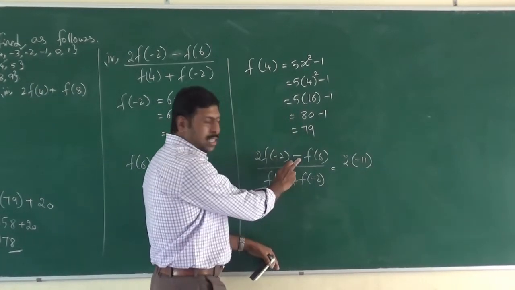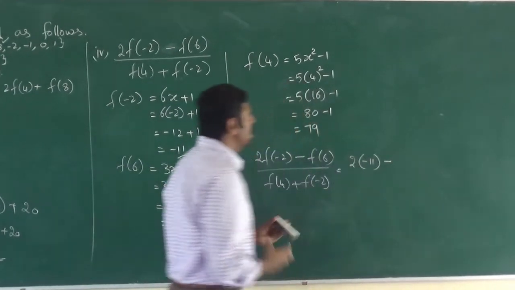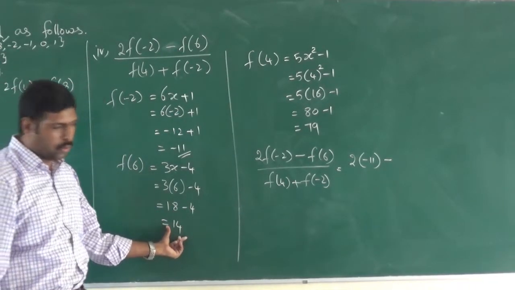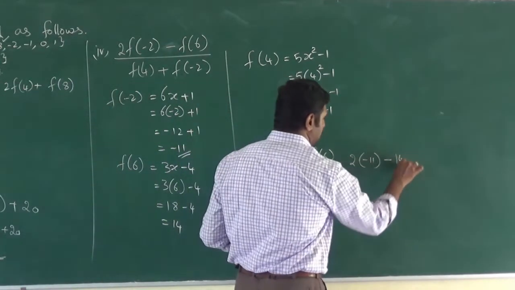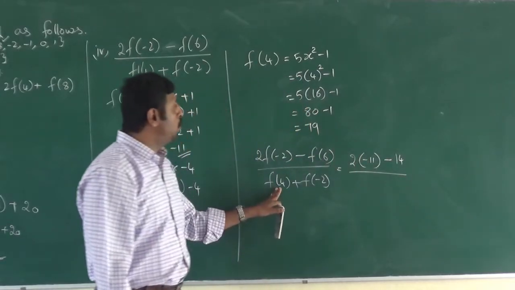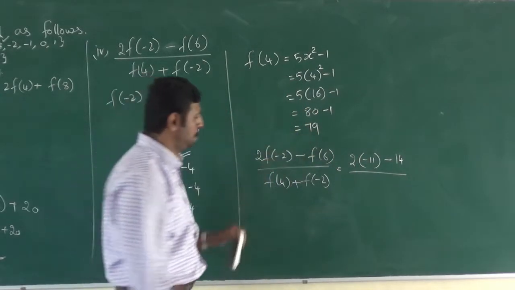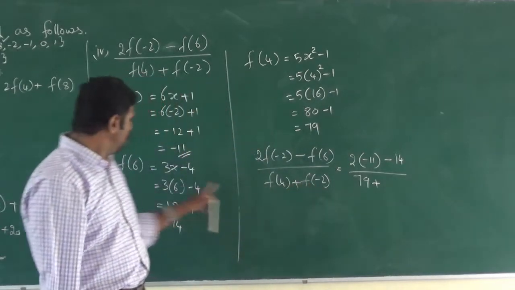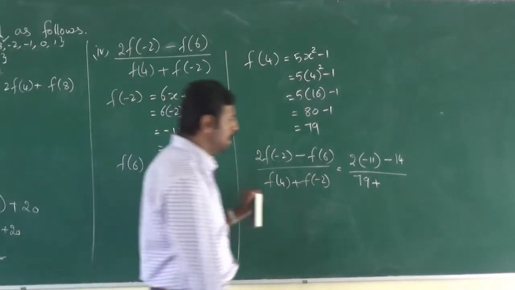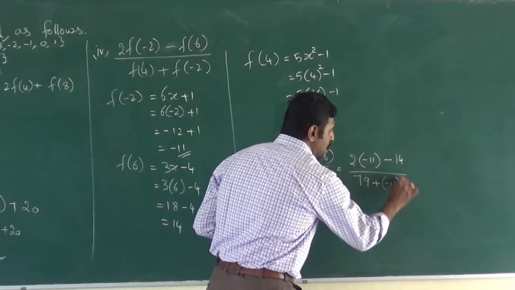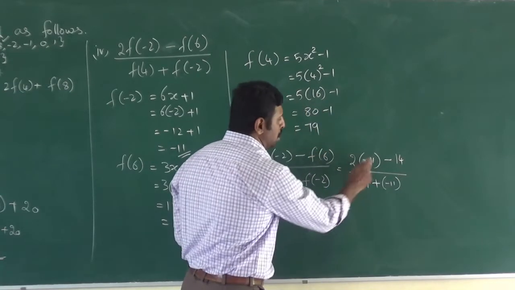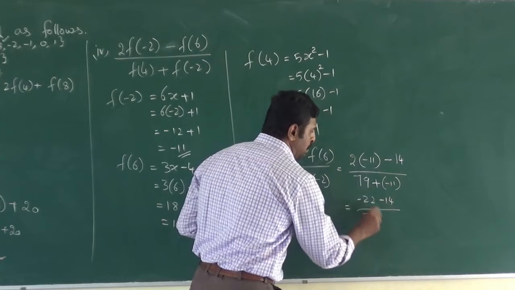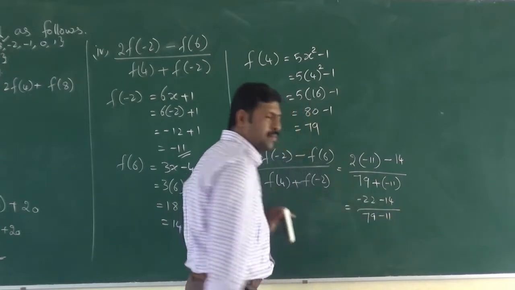Then minus f of 6, which we found to be 14, divided by f of 4, which is 79, plus f of minus 2, which is minus 11. When you substitute this, you get minus 22 minus 14 divided by 79 plus minus 11.